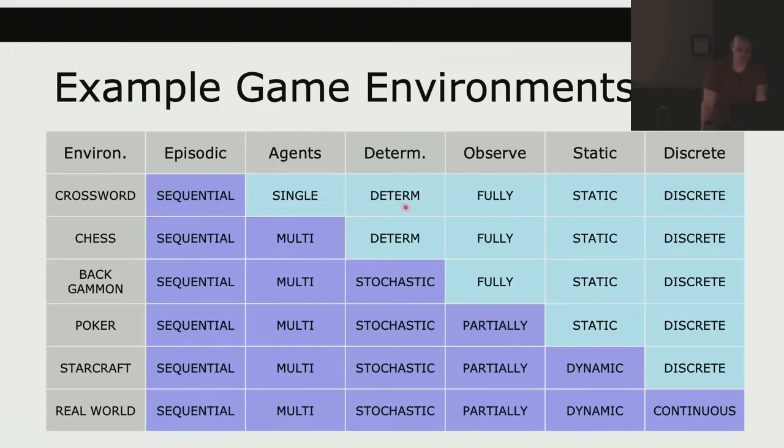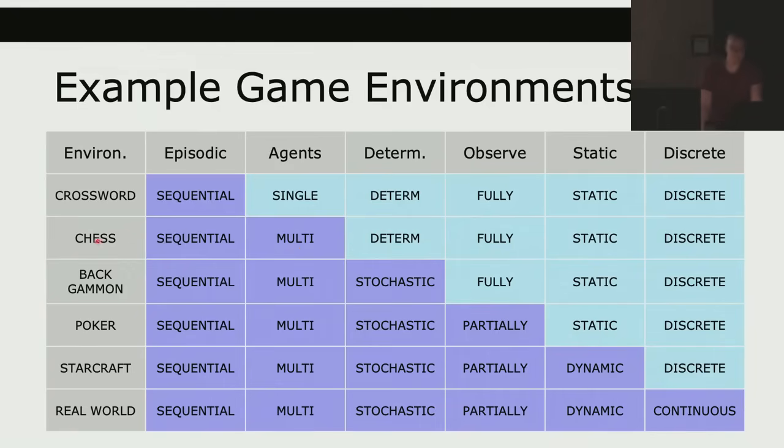It's single agent, deterministic, fully observable, static, and discrete. Let's make the problem a little harder by changing single agent to multi-agent. If we have more agents, that makes the problem a bit harder. So chess is still deterministic, fully observable, static, and discrete, but now it has multiple agents acting at the same time. So in whatever algorithm I apply, I now have to consider the choices that the other player can make as well.